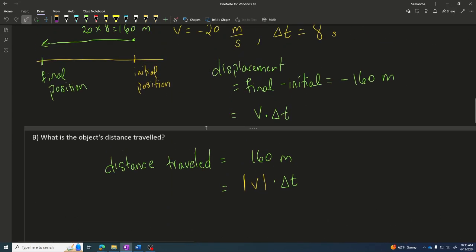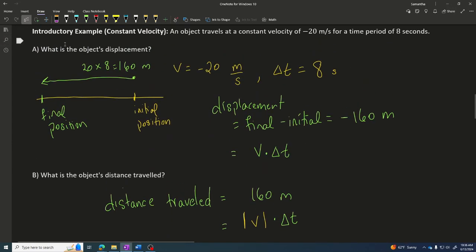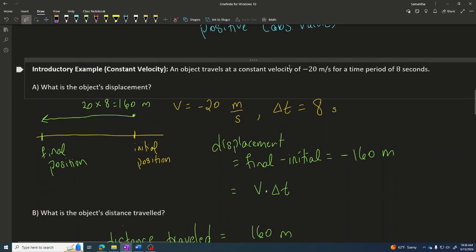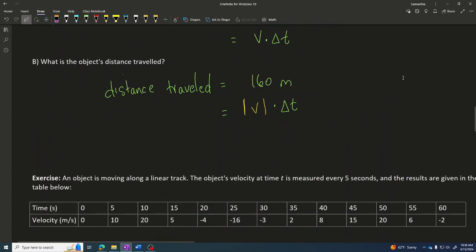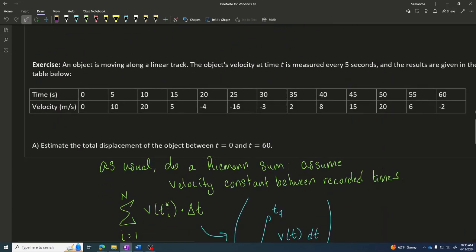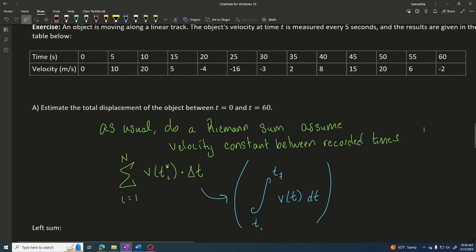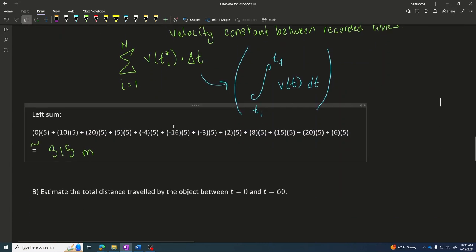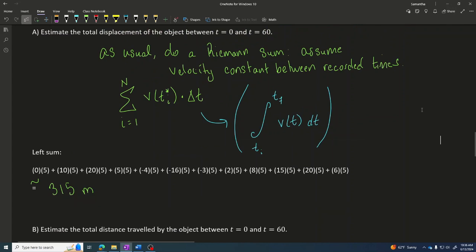We usually start with a toy example where everything is really, really simple, and you can find the answer easily just using algebra. Then you say, okay, suppose it's not that simple. Suppose maybe it's not constant. Suppose it's varying, and I had a table of data. What would it look like if I applied this chop, multiply, and add process to the data in that table? What would that look like as a Riemann sum?